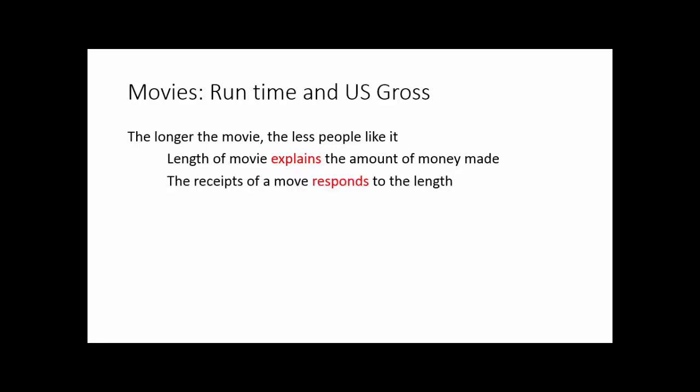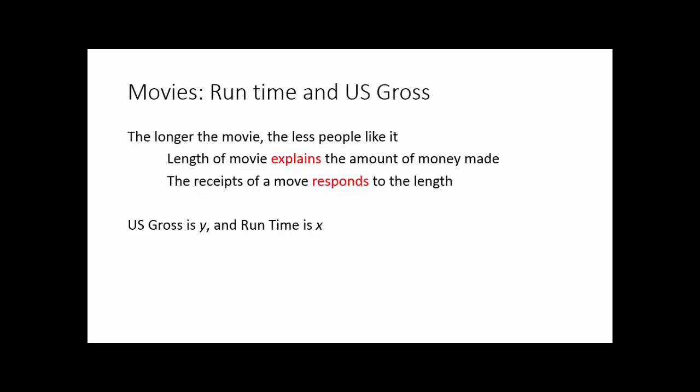Or another way to say that is the receipts of that movie respond to the length of the movie. So those things indicate that the response variable ought to be the U.S. gross, and the explanatory variable should be the runtime.